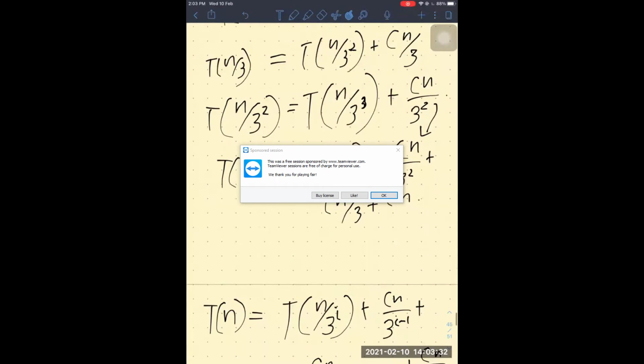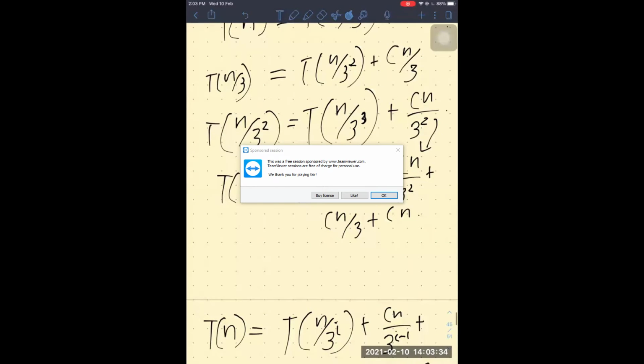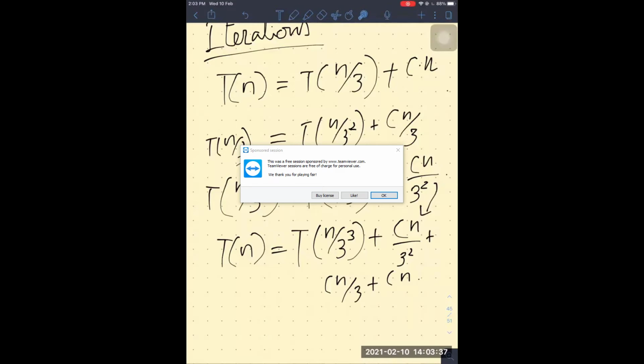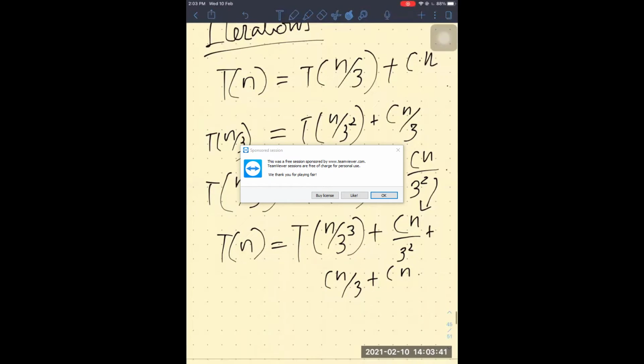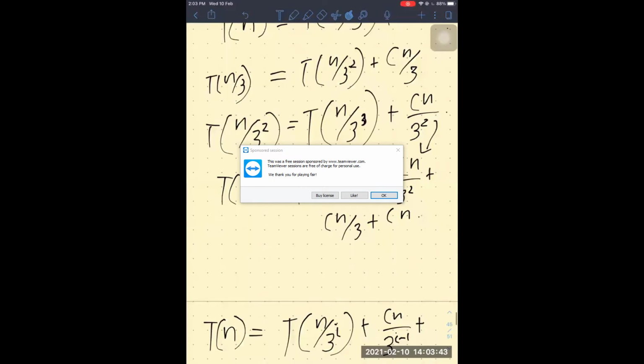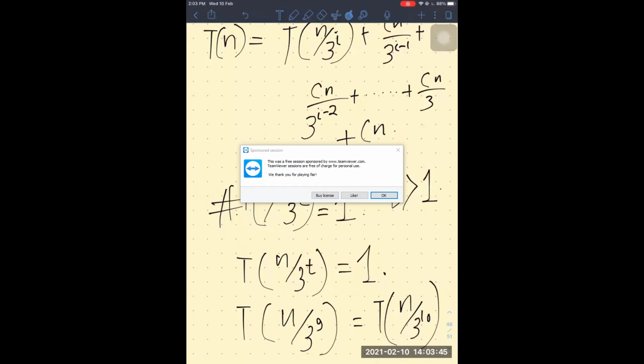It was 1 here, then it was 2, it was 3. So for some t, we will get T of n divided by 3 to the power t equal to 1. Okay, so now t has to be greater than 1. Okay, get it now.